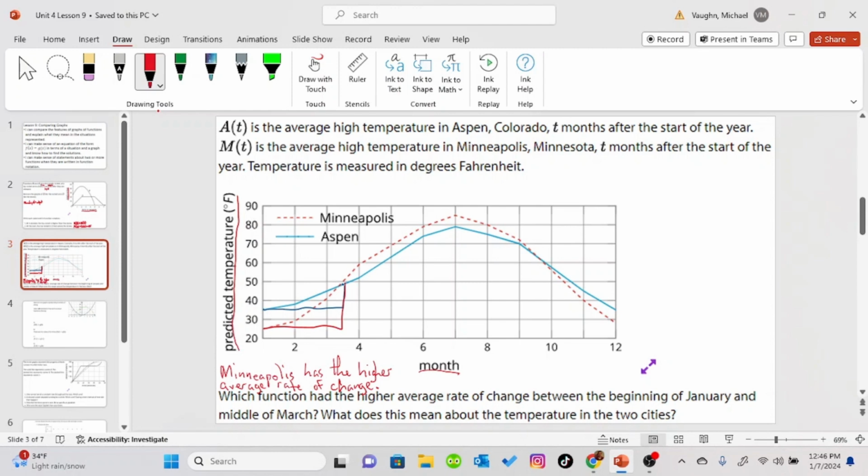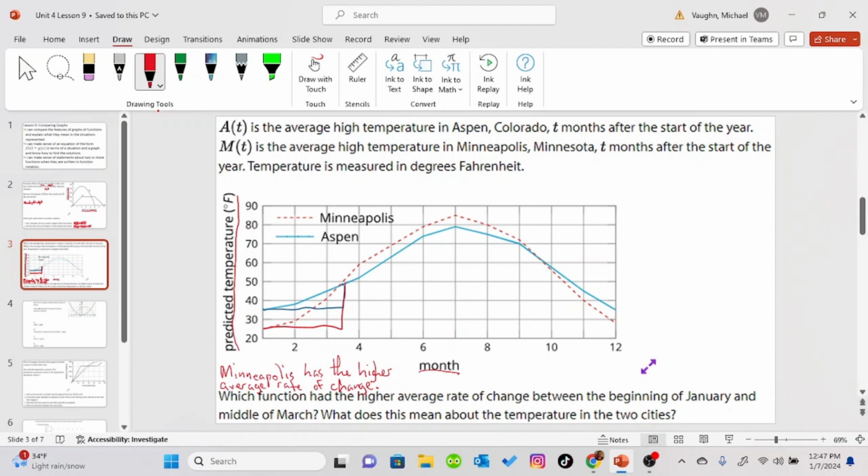What does this mean about the temperature in the two cities? What this means is that Minneapolis's temperature changes more than the temperature in Aspen. Aspen's temperature doesn't change as much.